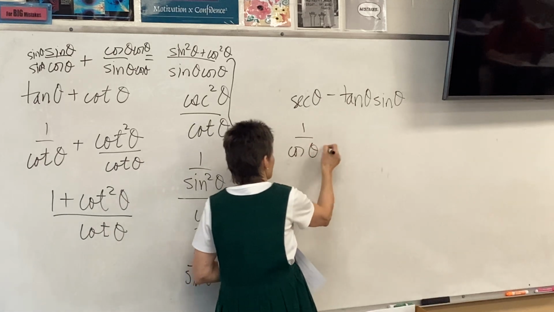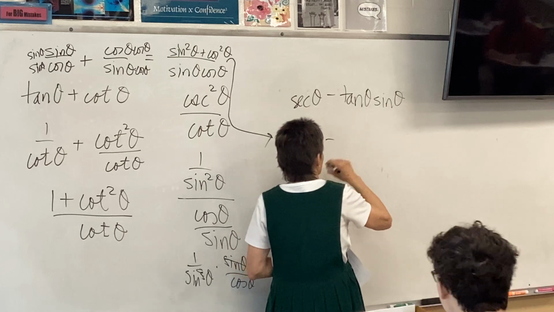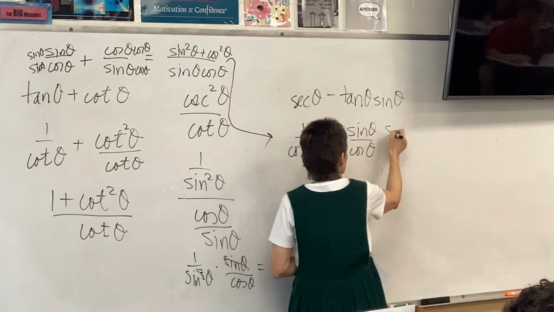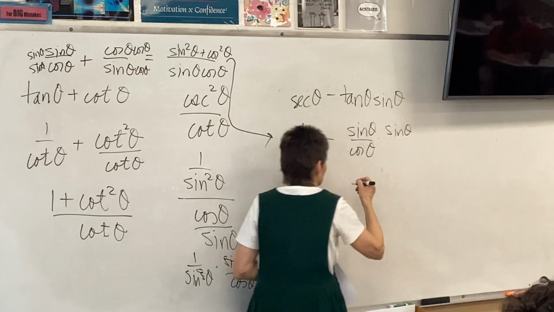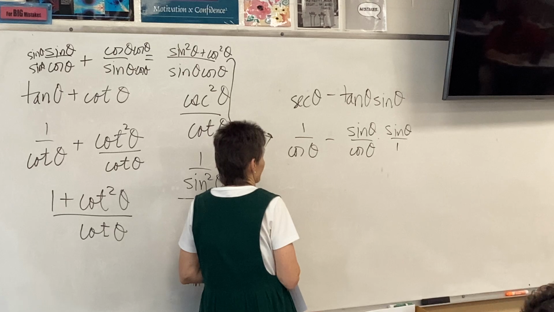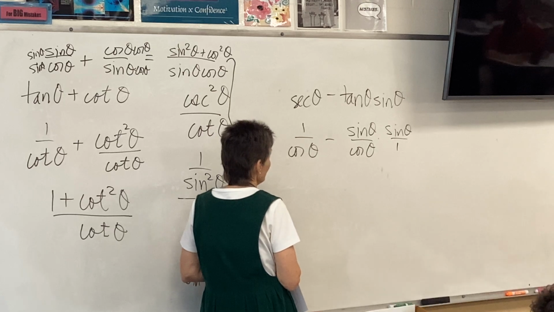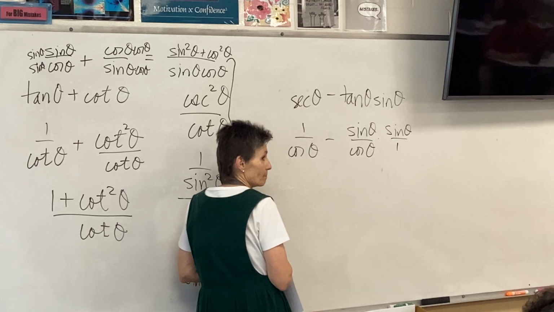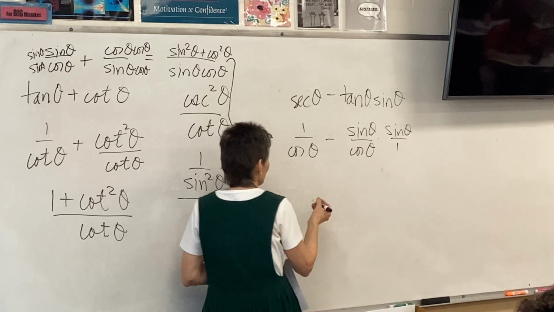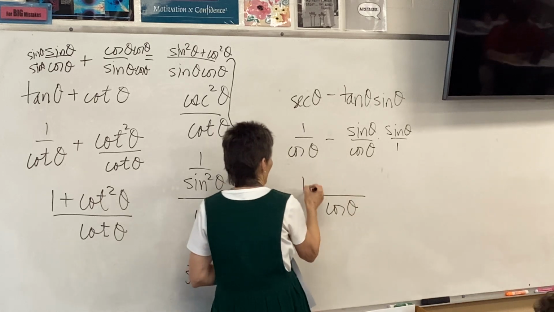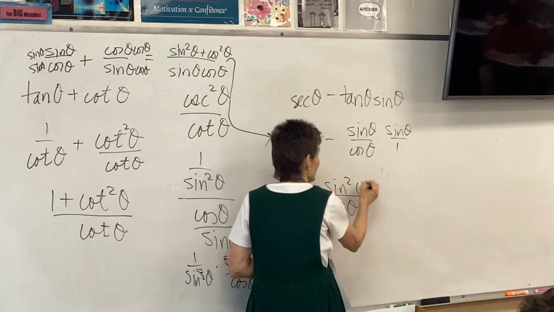So 1 over cosine minus sine over cosine times sine. Denominator? So what have I got? The common denominator is cosine. 1 minus sine squared is my numerator.